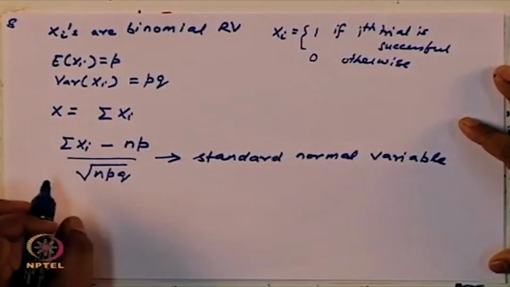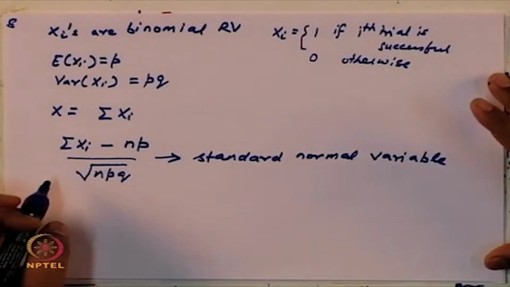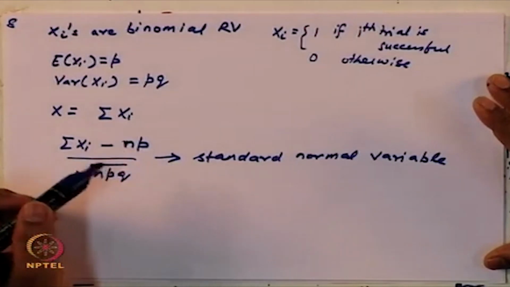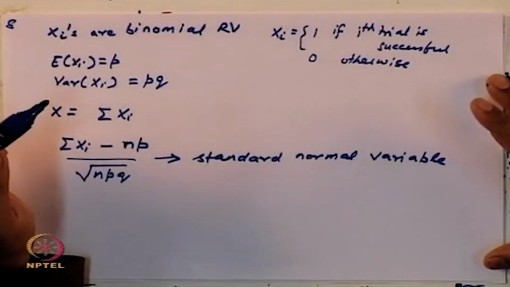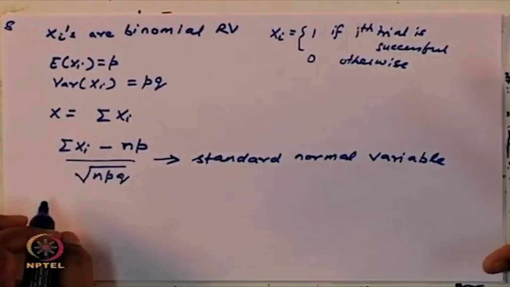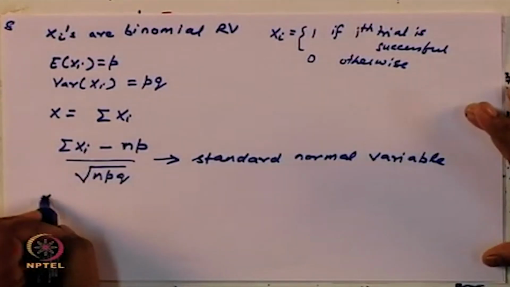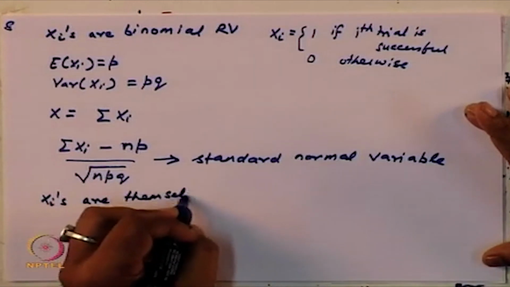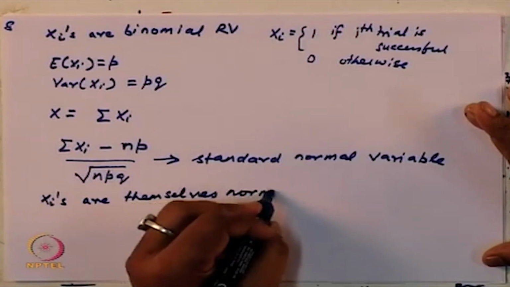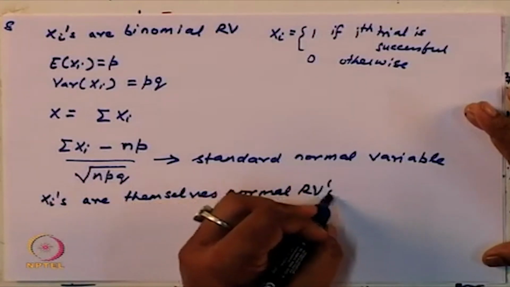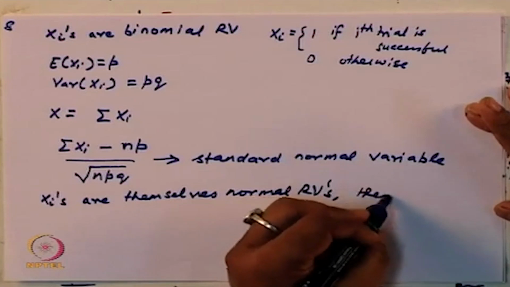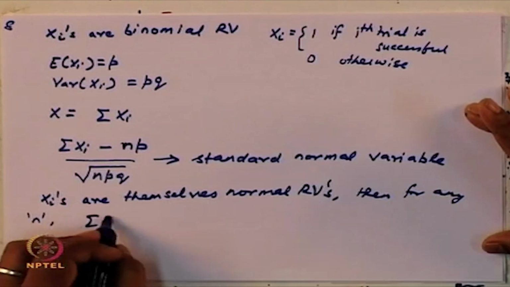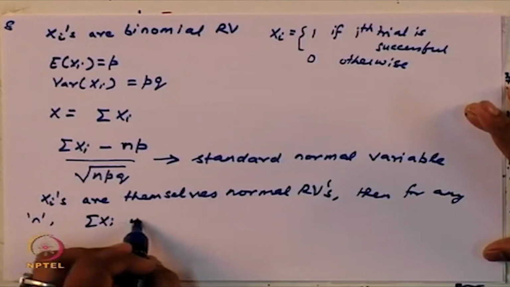So, one thing is there is a requirement on the value of n depending on what distribution these xi's follow. Generally, if xi's are themselves normal random variables, then for any n, summation xi is going to be normal.